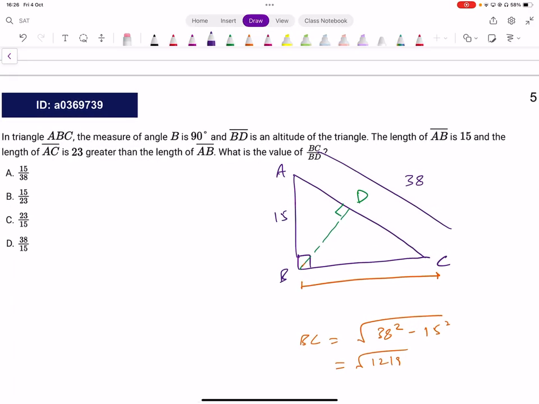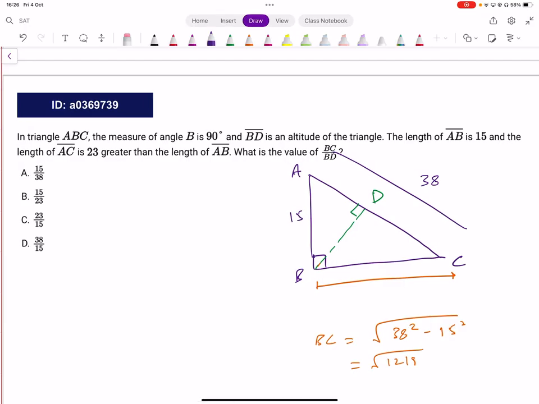Remember, what's the area of triangle? Half into base into height. So you can find the area of the triangle like this, half into 15 into square root of 1219. Does that make sense? Considering this as the base and this is the height. That's one way to find the area. It's a right angle triangle.